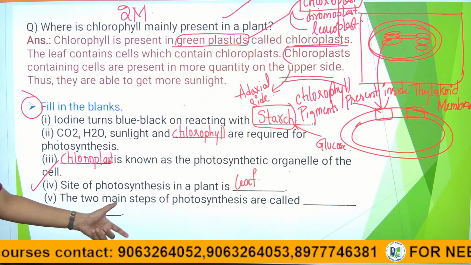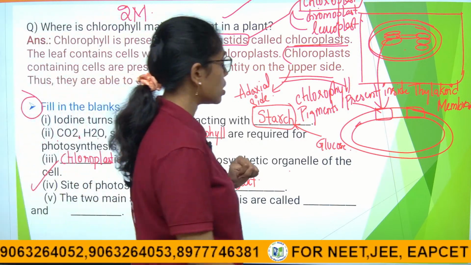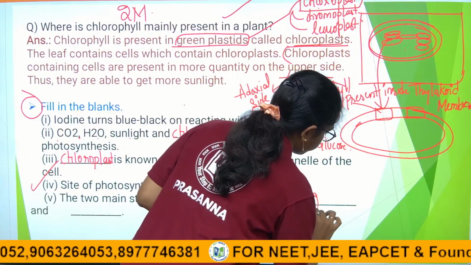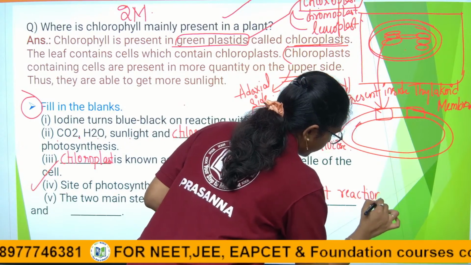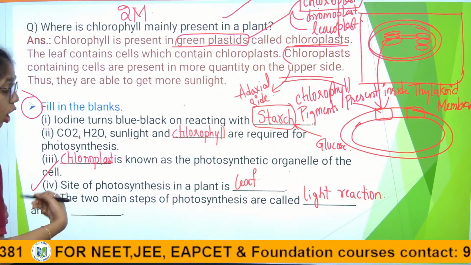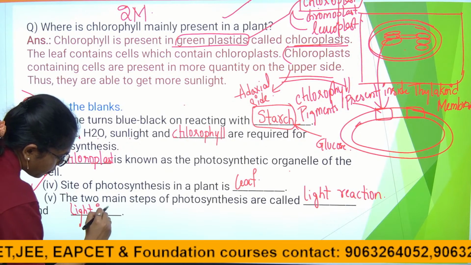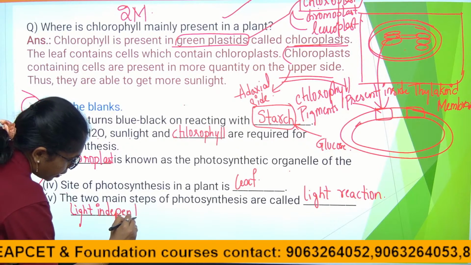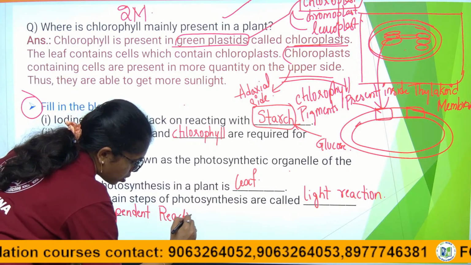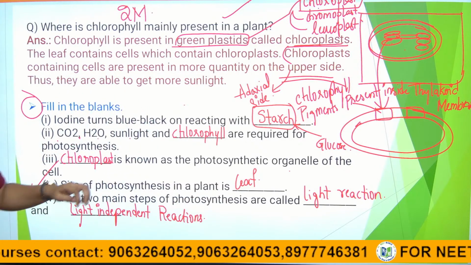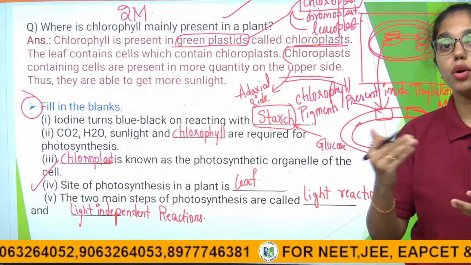What are the 2 main steps of photosynthesis? One is light reaction, and the other is dark reaction, or you can say light independent reaction. The light reaction has 3 sequential steps.